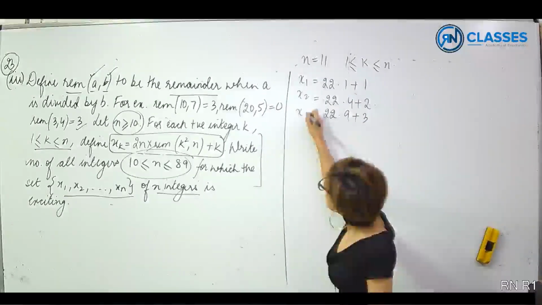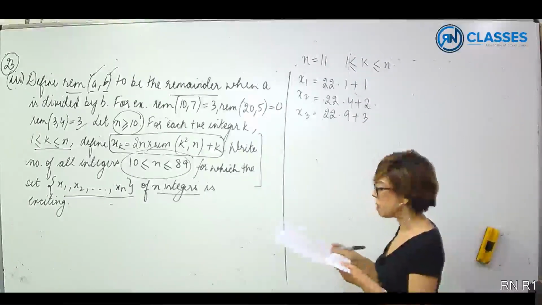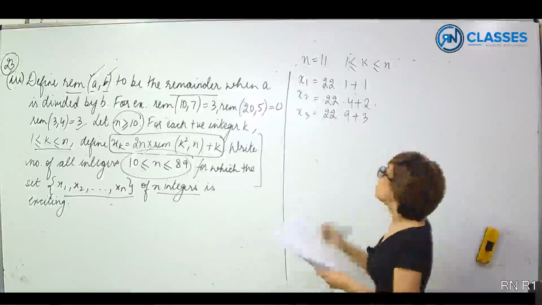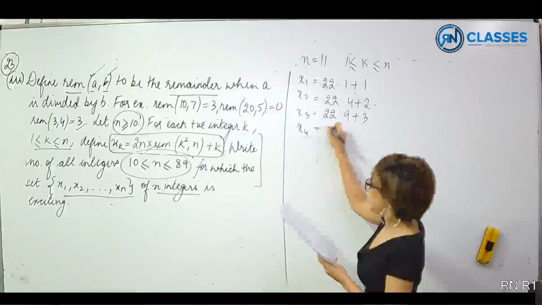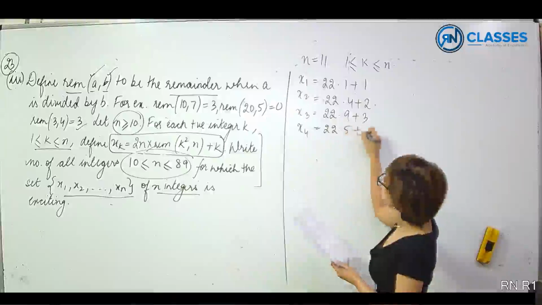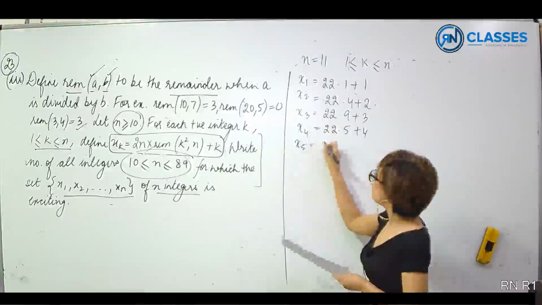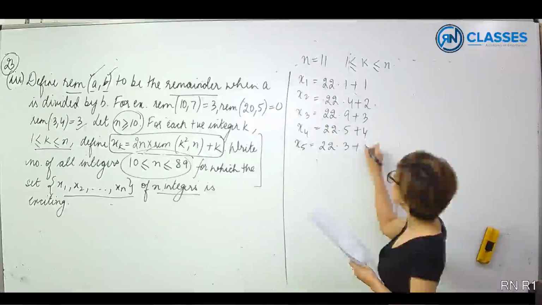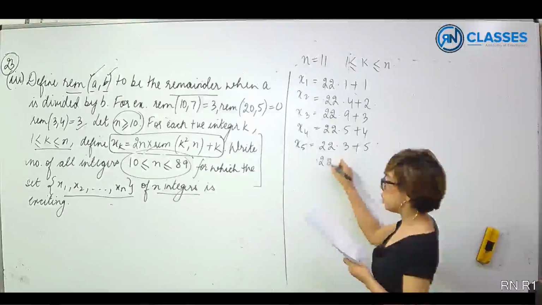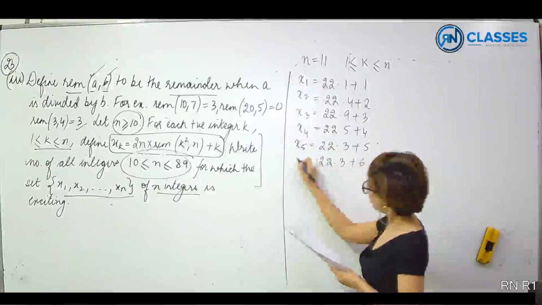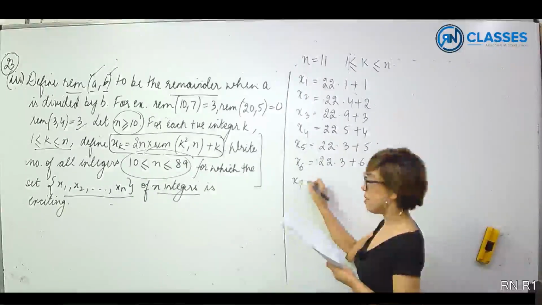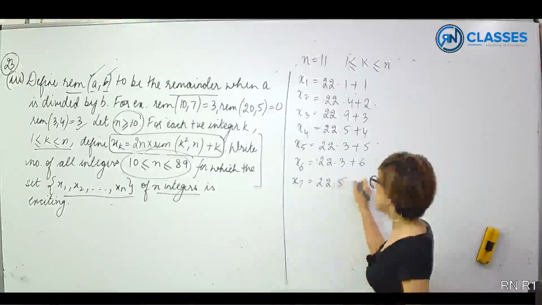Right? So, let me write the terms, let's see what happens. So, x4 is nothing but 22 into 5 plus 4, fine. Till now, I cannot see anything. Right? x5 is 22 into 3 plus 5. Then 22 into 3 plus 6. Okay. x7, that is 22 into 5 plus 7.